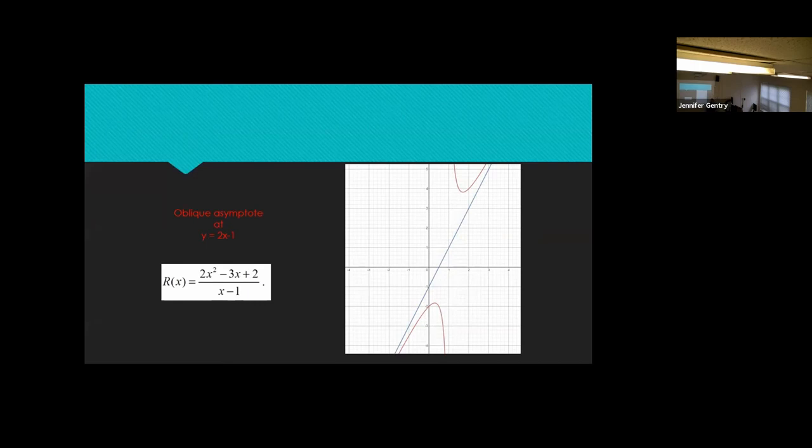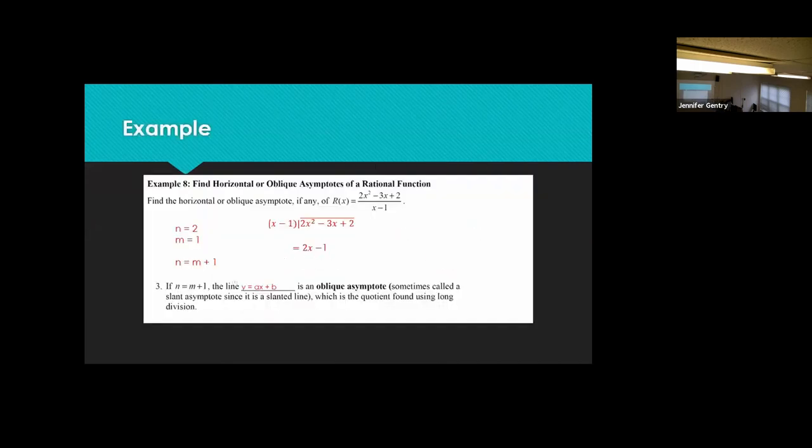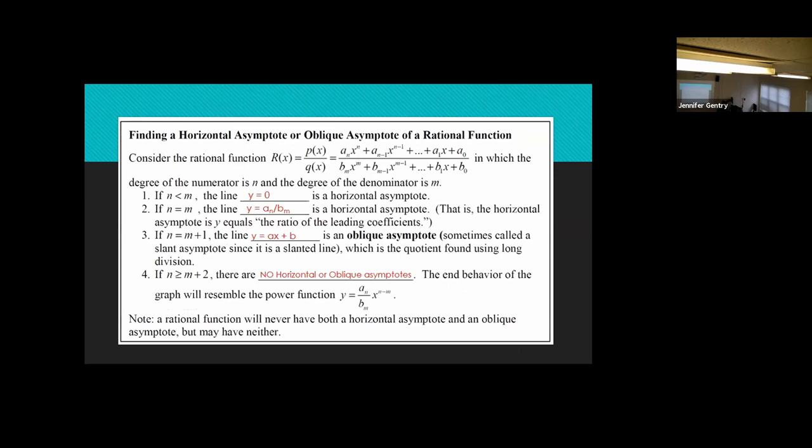Let's go back real quick to this box, because that's all I have on these slides. For 1 and 2, I'm going to get a number. For number 1, y equals 0. That's my asymptote. For number 2, I'm going to take those coefficients and get the number.